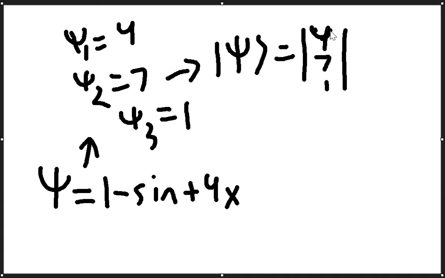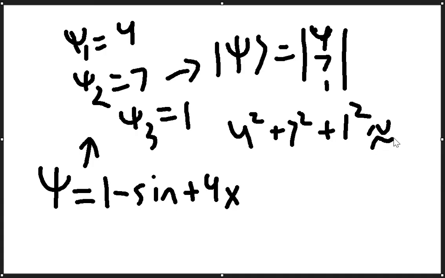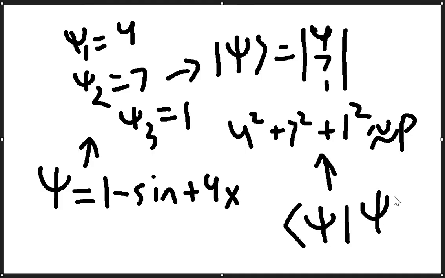And instead of doing some nasty integral, we can just do 4 squared plus 7 squared plus 1 squared. And it'll be sort of close to the probability. And so instead of breaking our butts doing some impossible integrals, we can just simplify it using this vector notation. This is vector product.